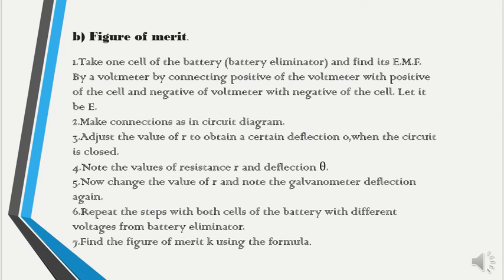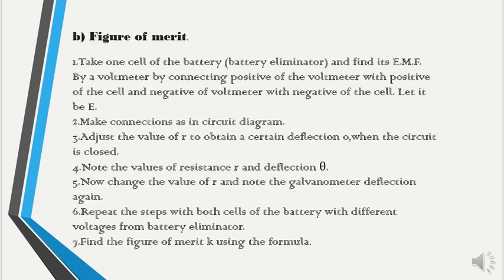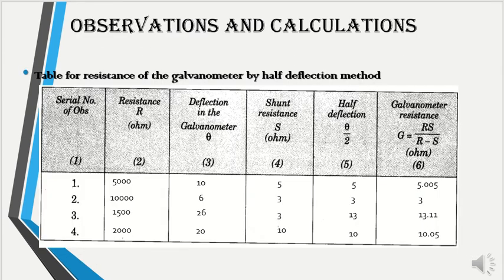For this experiment we need R, the resistance, and theta, and we have to change the resistance again and again, 3 to 4 times, and note all the results for calculating the figure of merit. The procedure for this experiment is so on. Now the observation: by doing this experiment, we got the observations as follows.